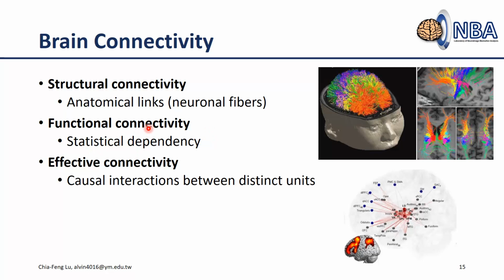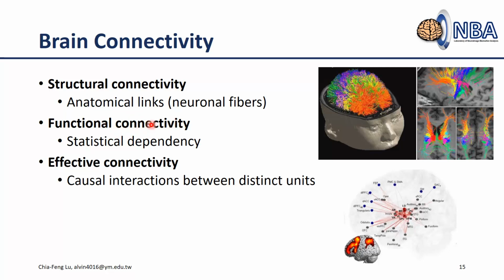It's not really limited to the fMRI, but you can use other techniques that can provide sufficient temporal information, and you can also do the functional connectivity. So functional connectivity is more like something unreal. You cannot really see it, but you simply estimate the statistical dependence between two areas, 2 channels, or 2 different places. It's just the idea about the functional connectivity.